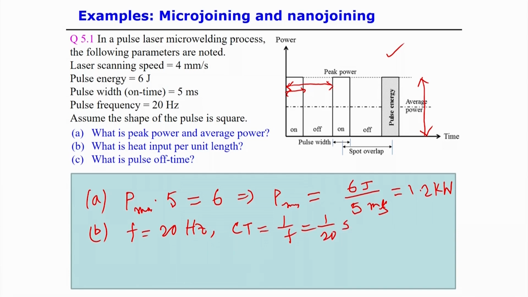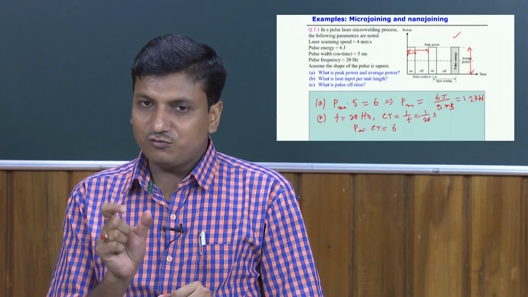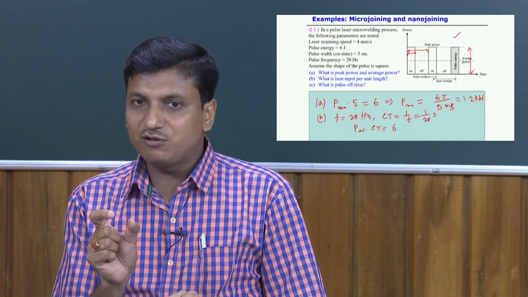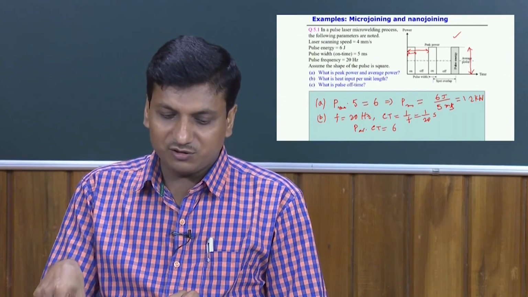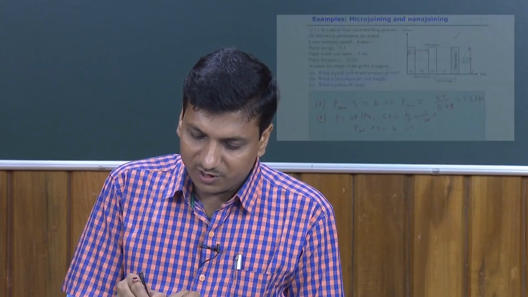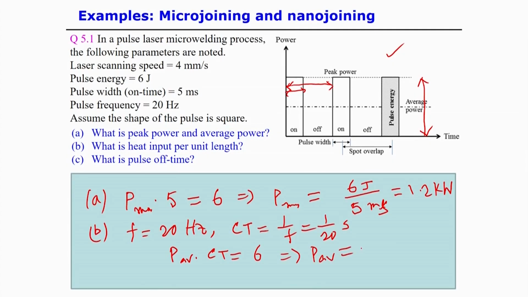Now, by a similar energy balance, the average power into cycle time is equal to the pulse energy, which is 6 joule. Within one cycle, the total amount of energy is the pulse energy. So, from here the average power equals 6 into 20, that means 120 joule per second.